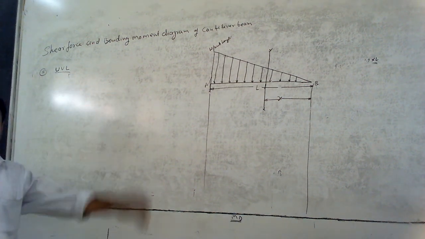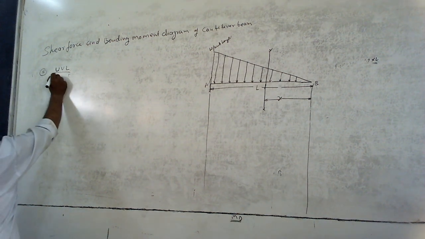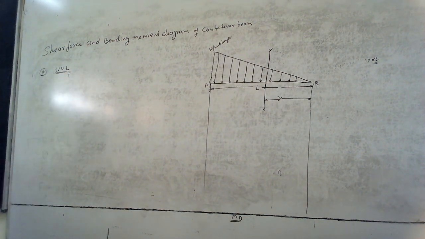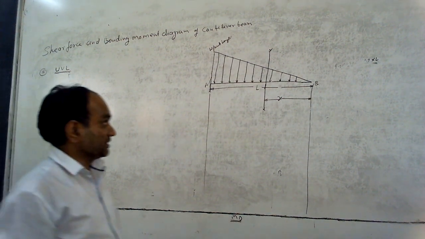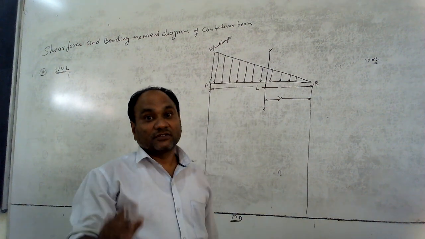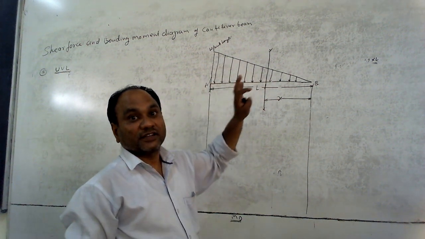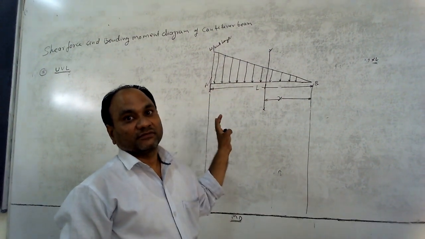This is one type of typical question. How to find out the shear force and bending moment diagram? We know that for a triangle, the weight is the area of this triangle. If you want to find out the weight of this figure, you have to find out the area of the triangle.